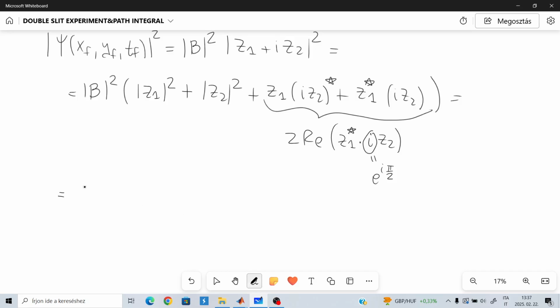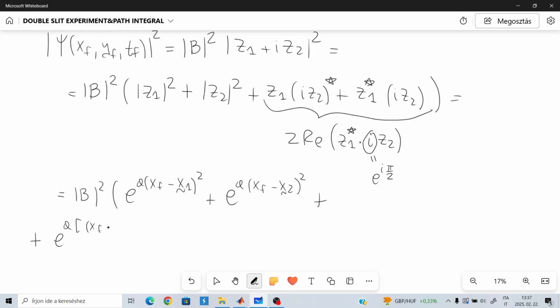We can write that as mod b squared e to the a xf minus x tilde 1 squared. This will be just the mod of z1 squared plus the mod of z2 squared, which is just e to the a xf minus x tilde 2 squared. Plus, now let me go below, I have plus e to the a xf minus x tilde 1 squared plus xf minus x tilde 2 squared.